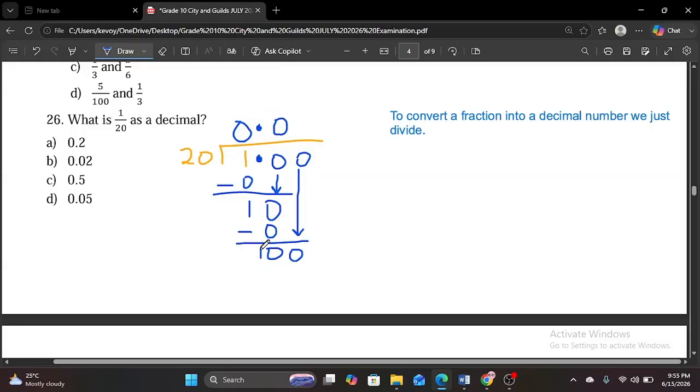After we bring down that zero, we have 100. We do the same procedure again. How many times can 20 go into 100? That's going to be 5. After we divide, we multiply, so 5 times 20 is 100. After we subtract that, we're left with 0. What is 1 over 20 as a decimal? It's going to be 0.05.